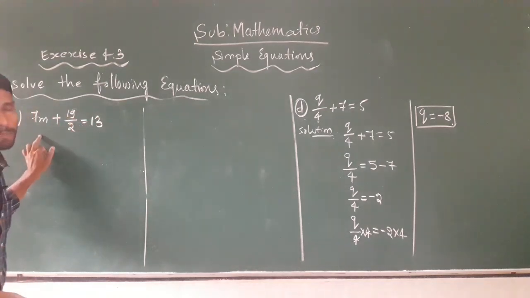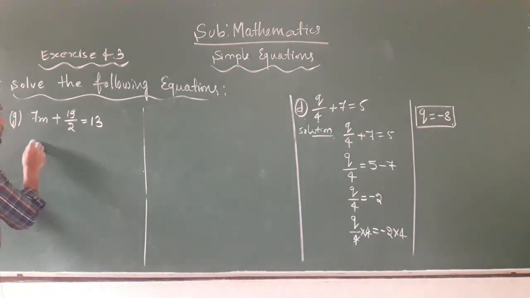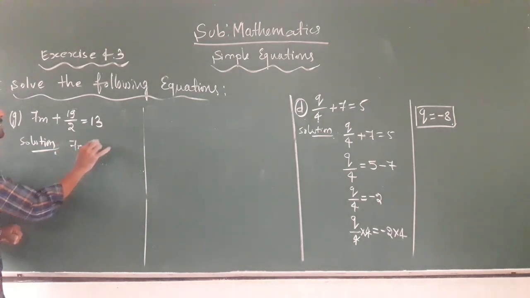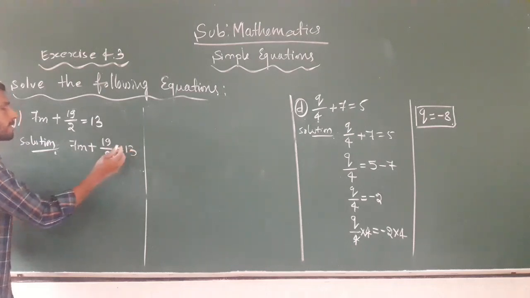Next, take the seventh problem in exercise 4.3. See, 7m plus 19 by 2 is equal to 13. Now, let us see the solution. 7m plus 19 by 2 is equal to 13.